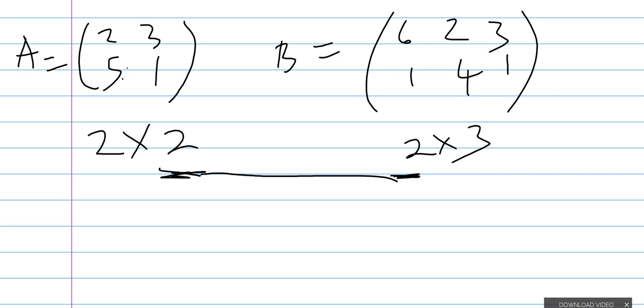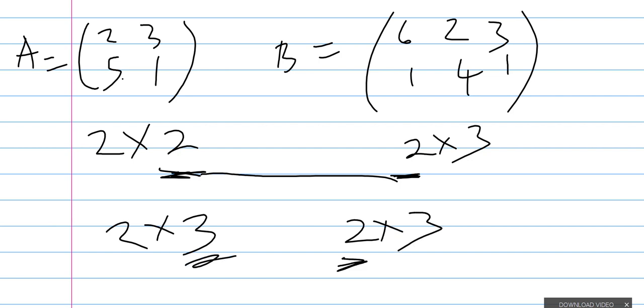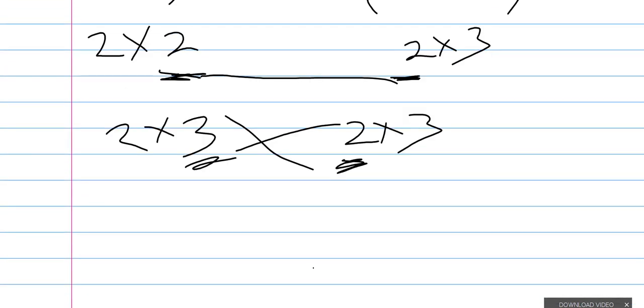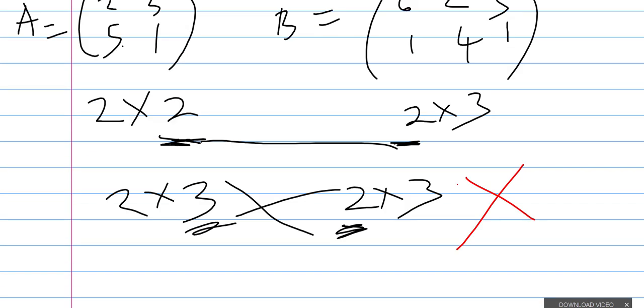But the example we had, we wrote 2 by 3, and we are now multiplying by another 2 by 3. This is 3 and this is 2. So they are not compatible. So you cannot multiply a 2 by 3 matrix with another 2 by 3 matrix. This is not possible, but this is possible.